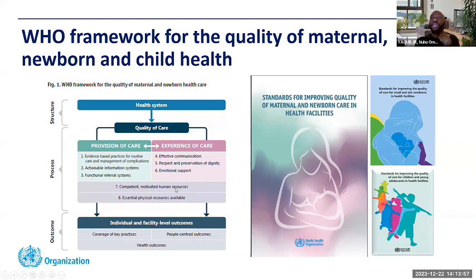One is around competent and motivated human resources for health, and also that the hospital or health facility is able to provide care because it has power, it has the appropriate facilities for women, for children in terms of child-friendly facilities or adolescent-friendly facilities, or it also has proper sanitation and water.